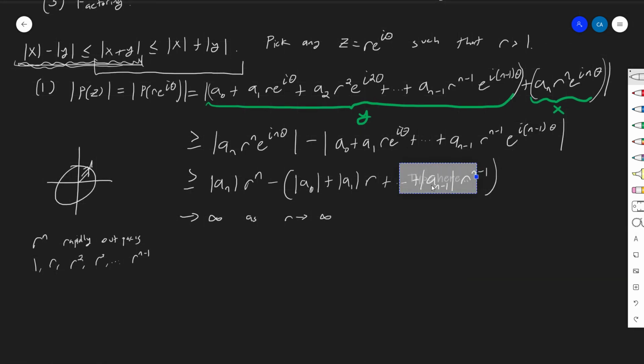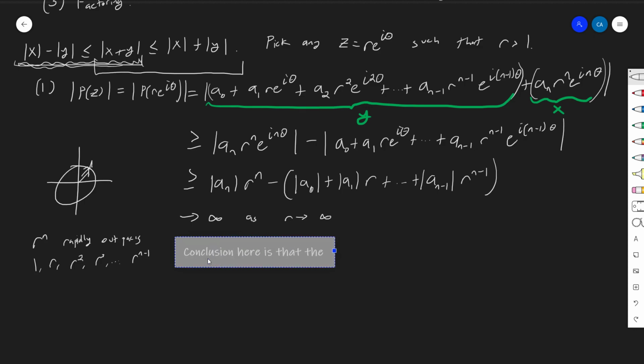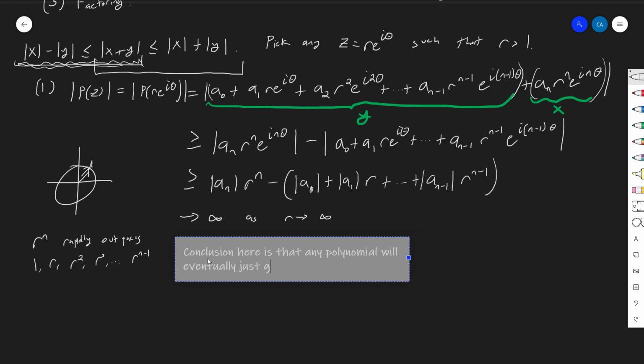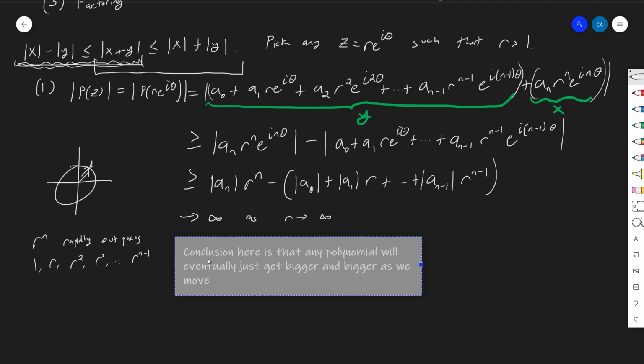Let me type that. So the conclusion here is that any polynomial will eventually just get bigger and bigger as we move farther and farther away from 0, from the origin.